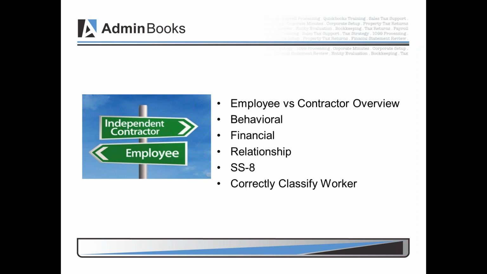Usually the employer will train the employee on what work needs to be done. For a contractor, the organization that hires that independent contractor does not tell the contractor when the work will be done or how the work will be done. So that's something that's very important.